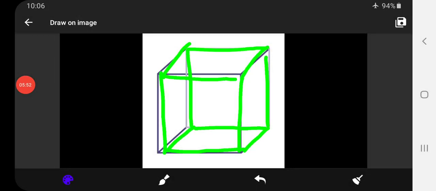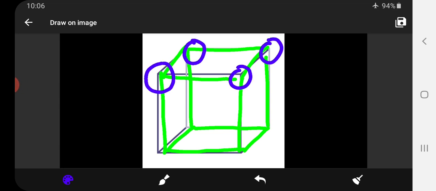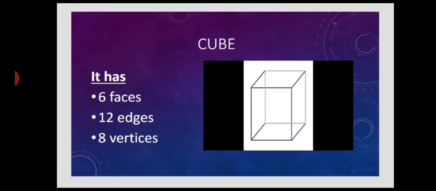Now let's see the vertices, that is the points. 1, 2, 3, 4, 5, 6, 7, 8. It means a cube has 8 vertices. Now let's see the properties of a cube. A cube has 6 faces, 12 edges and 8 vertices.